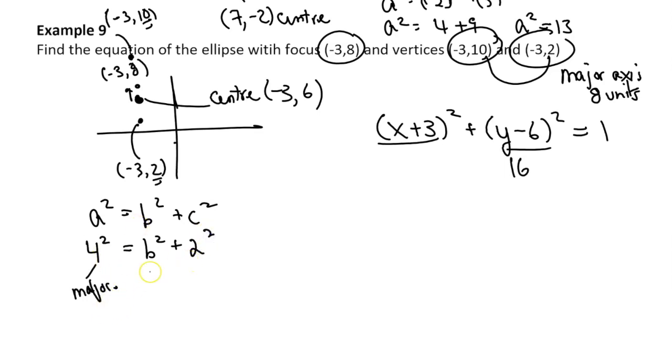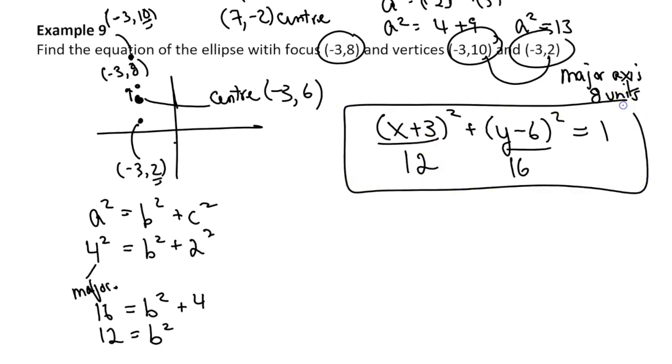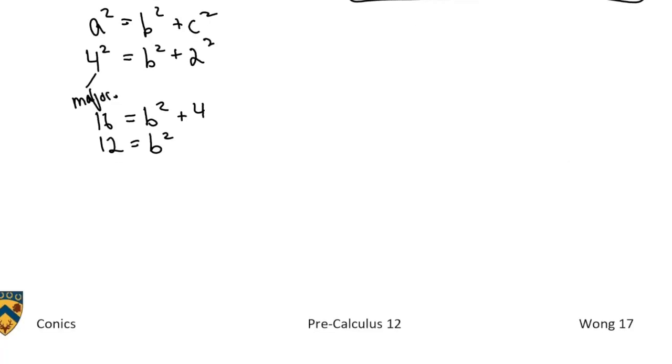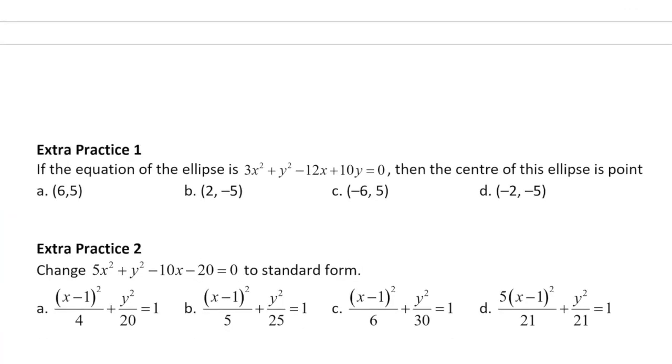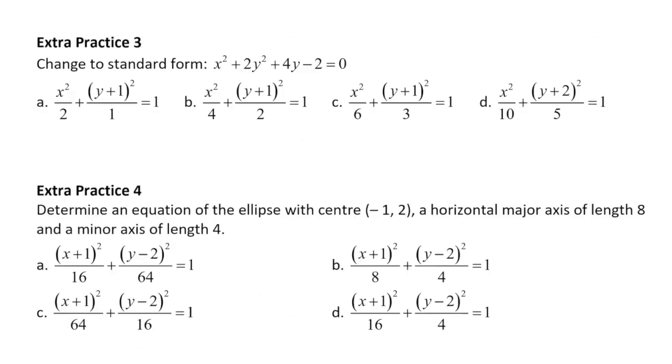So that would give us 16 equals b squared plus 4, which means b squared will equal 12, which means we could put a 12 right here. So the focus is quite repetitive for ellipses.